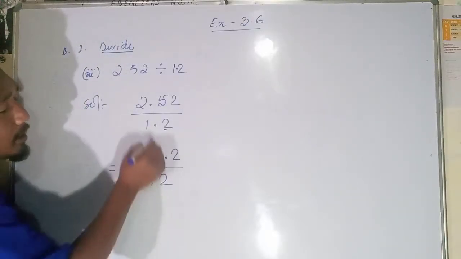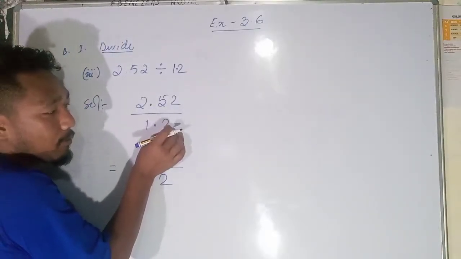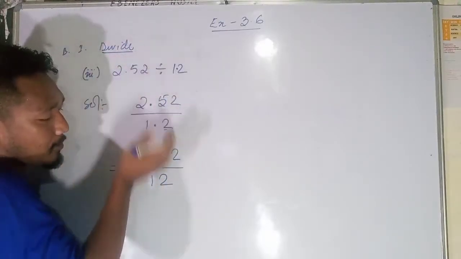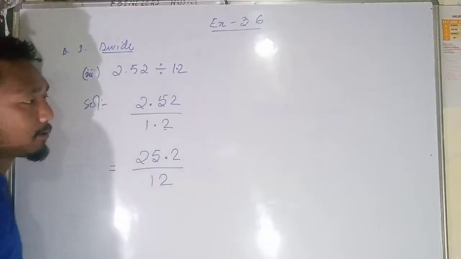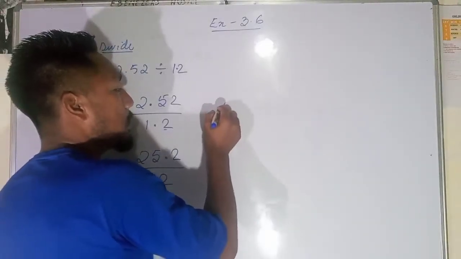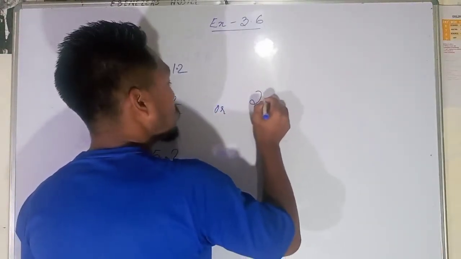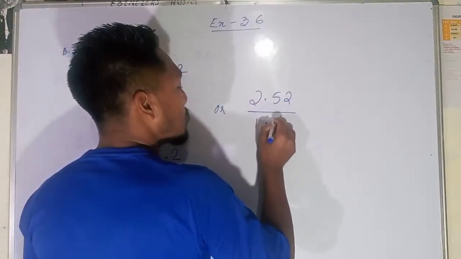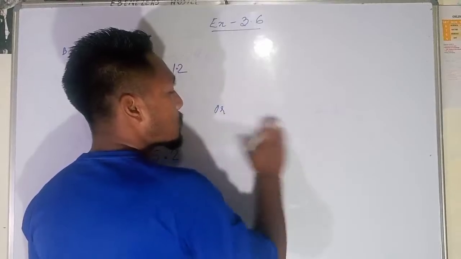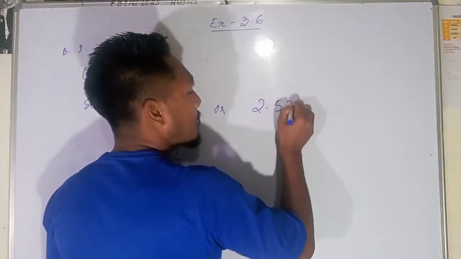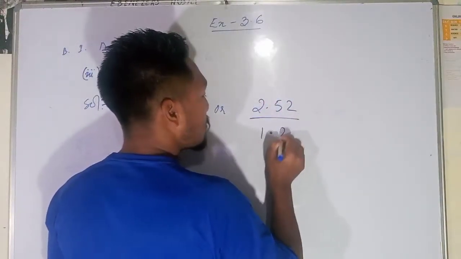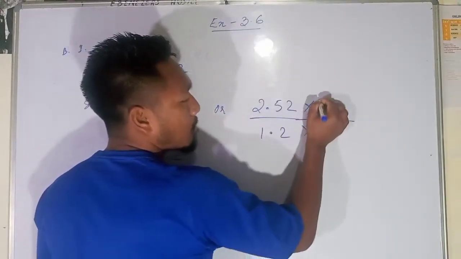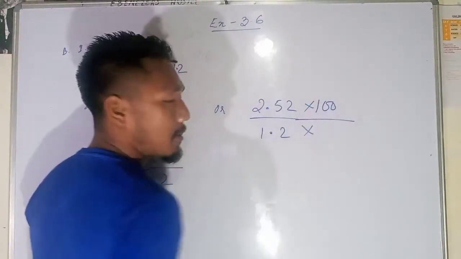Since we have only one number, that means after one number I will put the point in the upside number. Okay, again now we will divide it. Or you can also do it this way, 2.5 divided by 1.2. So you see here, after the point we have only two numbers, that means I will multiply by 100.